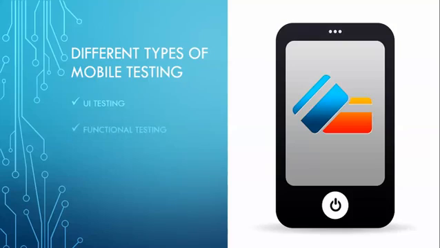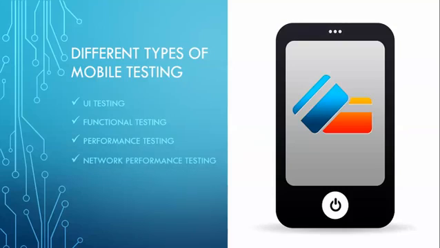And so you have UI testing, we have functional testing, performance testing, network performance testing. I will not provide any definition of these types of testing because we will go hands-on. We will directly try this with our own hands on the device instead of providing a definition.